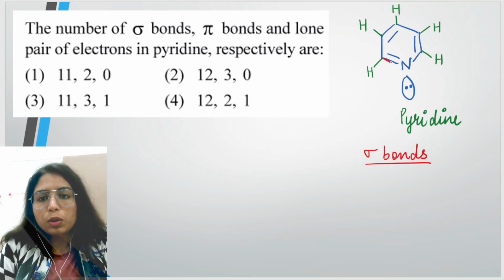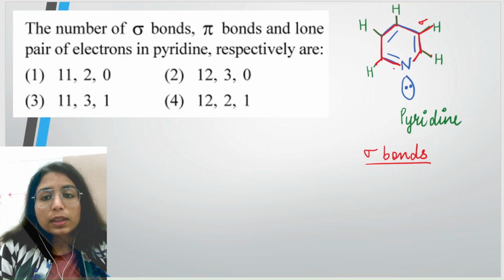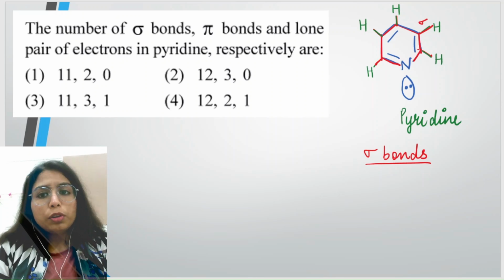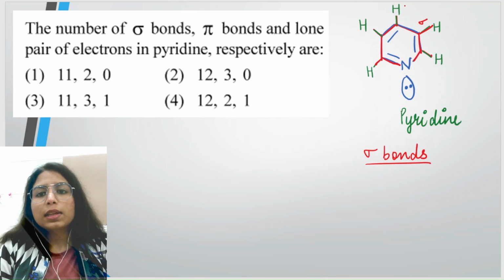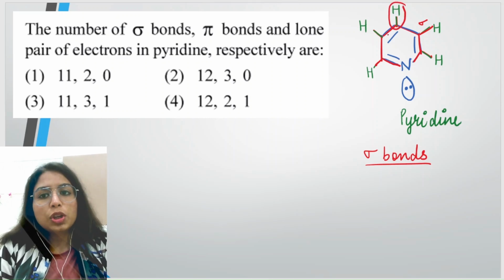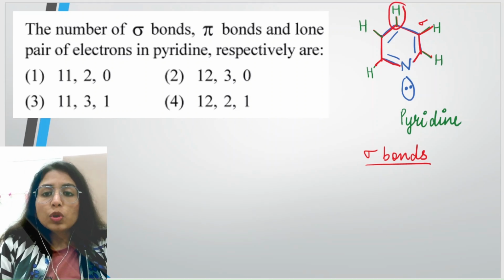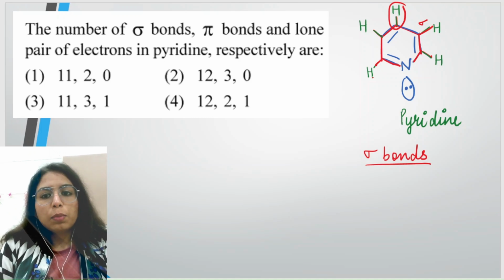Let us count: 1, 2, 3, 4, 5, 6, 7, 8, 9, 10 and 11. So in total there are 11 sigma bonds present in this compound. Do not forget the single bond between carbon and hydrogen in a hurry.